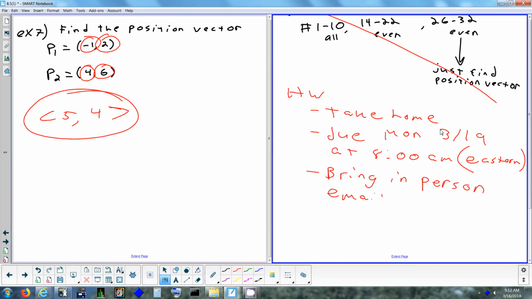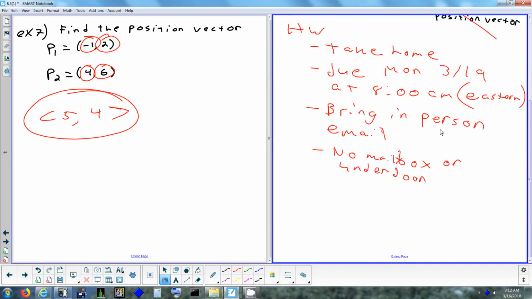Do not leave it in my mailbox or under the door. Sometimes things disappear. And if you say you left it under the door and it disappears, that's not good.